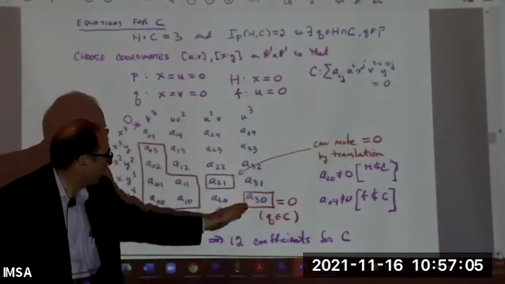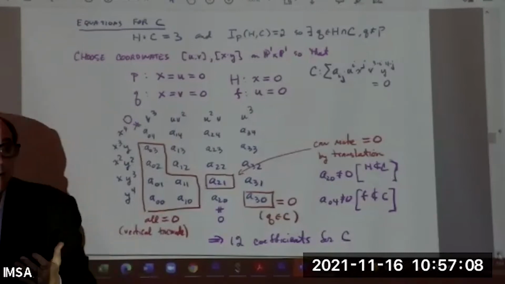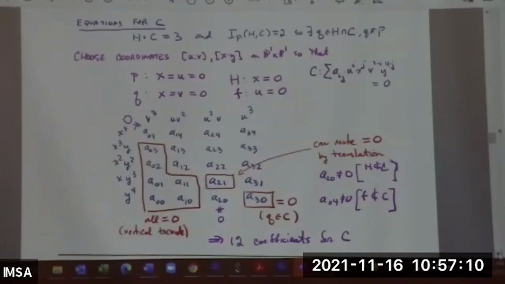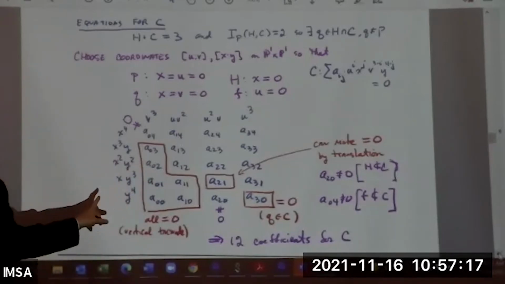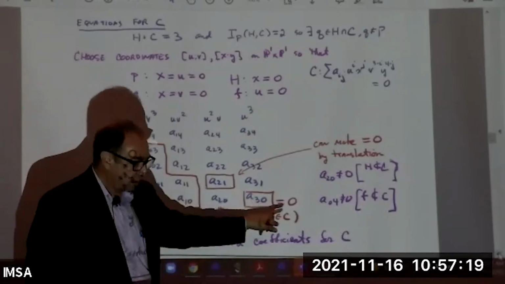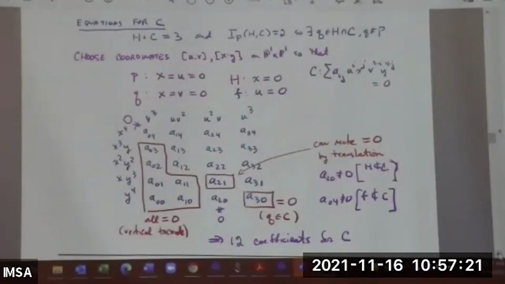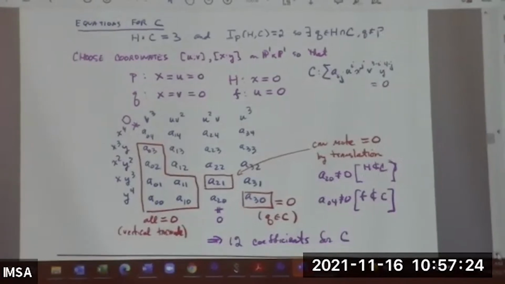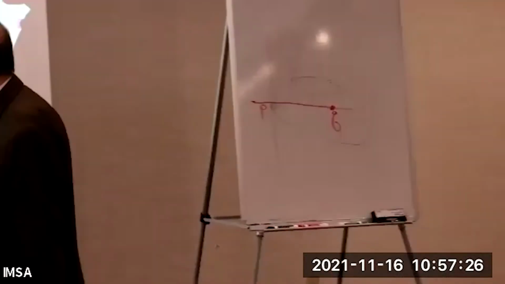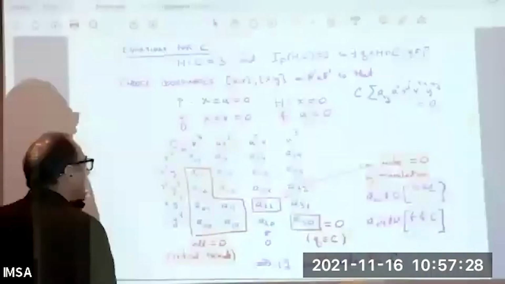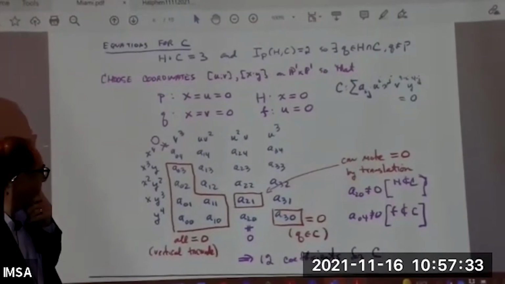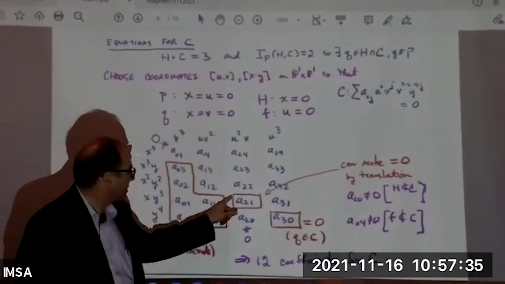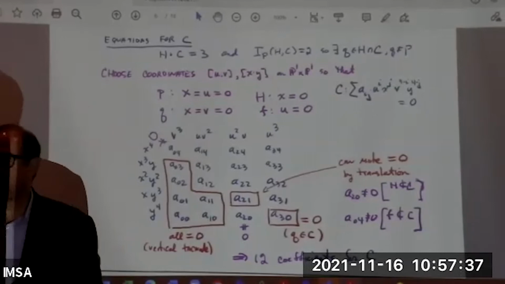And when you fill up the matrix of coefficients for this, a bunch of things have to vanish. All these coefficients in this corner have to vanish in order to get the vertical tack. This one has to vanish because C passes through the other coordinate point Q. And there's one other thing you can make equal to 0. It doesn't have to be, but it's convenient. You can make this coefficient 0 too.